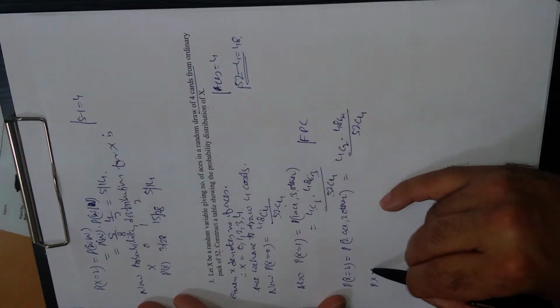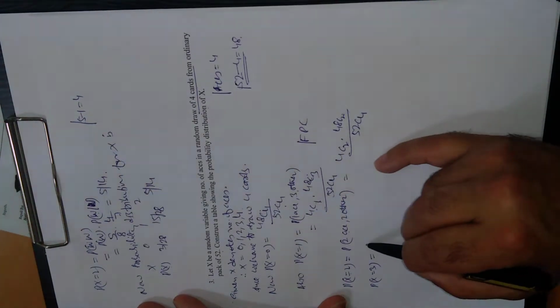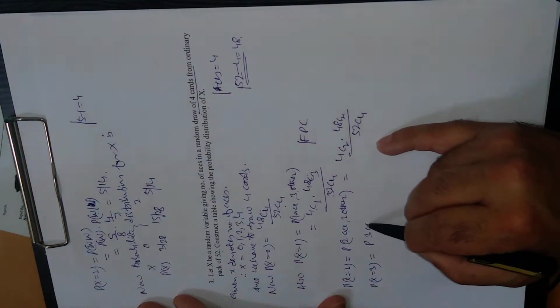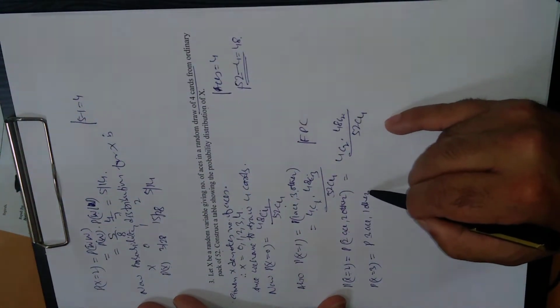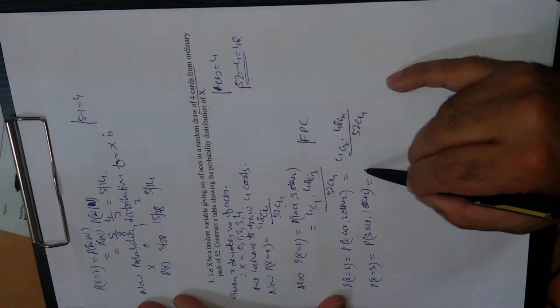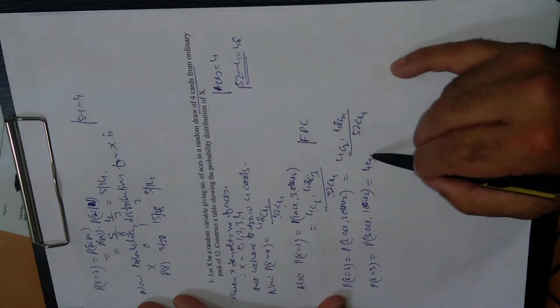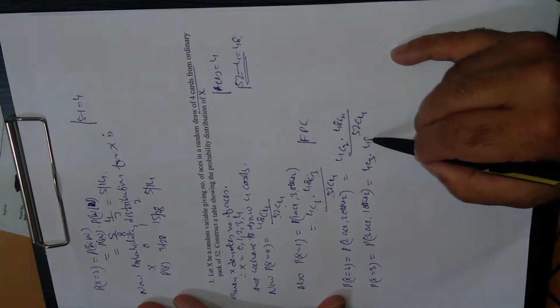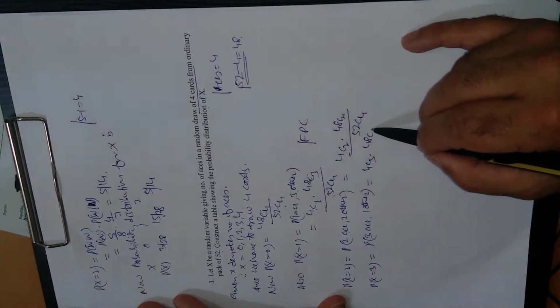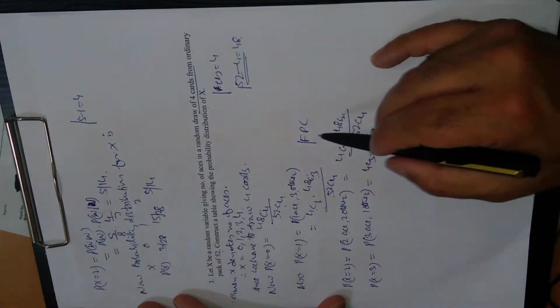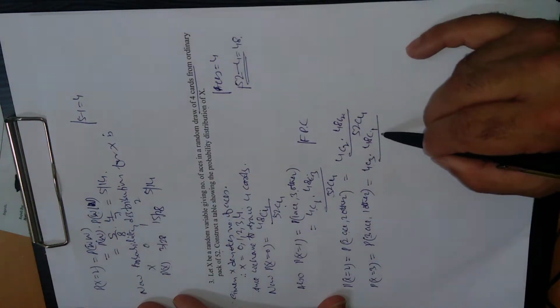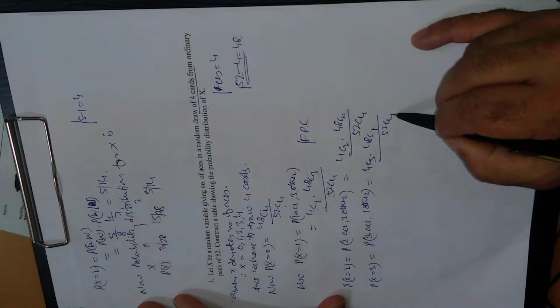P of X is equal to 3. X is equal to 3 means 3 aces and 1 other card. 3 aces can be selected out of 4 in 4C3 ways, and 1 card out of 48 can be selected in 48C1 ways, multiplying again, and total cases are 52C4.